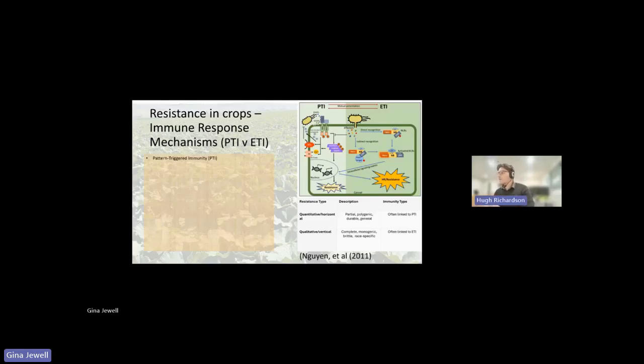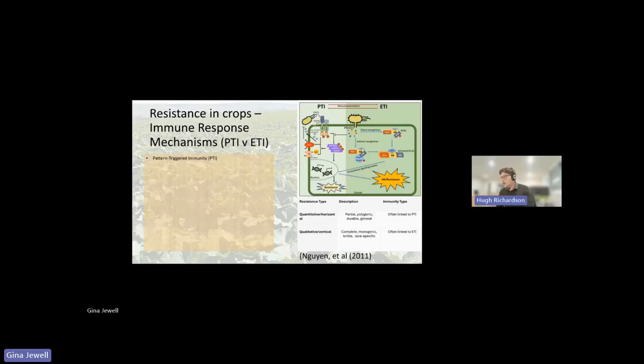Thank you. So resistance in crops comes down to your ability to recognize pathogens, foreign invaders. And there's two main processes through which a plant or crop does this. Now, the first level is called pattern-triggered immunity, or PTI, through which a plant has a broad network of receptors which can recognize broadly conserved molecular sequences in a pathogen.